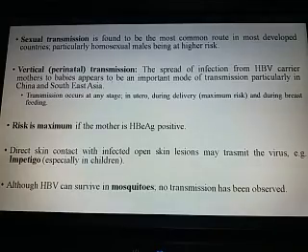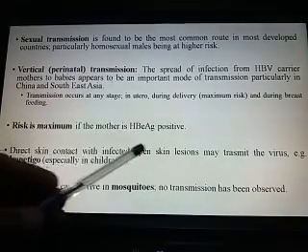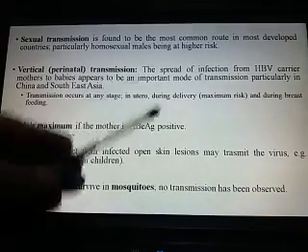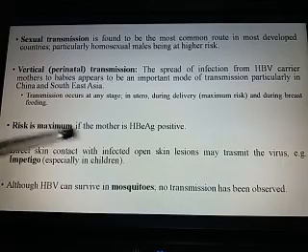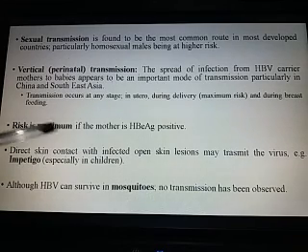Risk is maximum if the mother is hepatitis E antigen positive. Direct skin contact may be a reason for transmission, and that is called impetigo, especially in children. That is a special case, generally it occurs with bacteria, but the virus can also be transmitted.